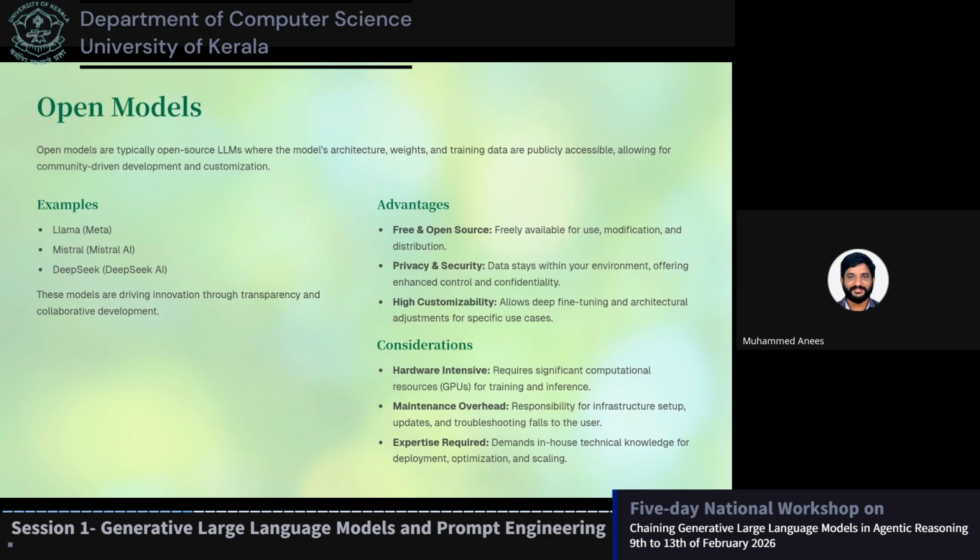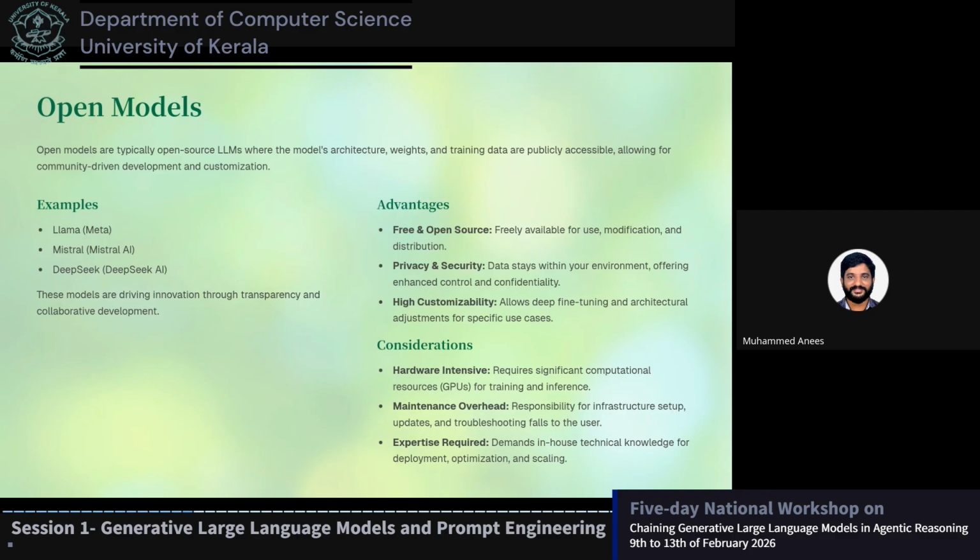If you are moving forward with open models, you have some other options like quantization, distillation, etc. These techniques are used to reduce the model size. When you are quantizing a model, suppose the original model is FP64. FP64 means floating point calculation with up to 64 bits. You can condense that FP64 to FP4.